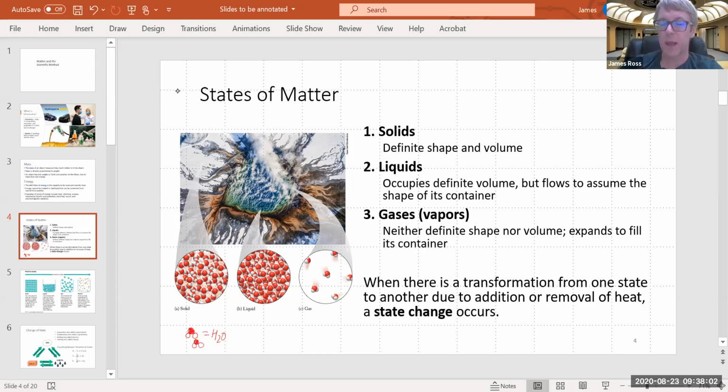Here I'm kind of using phase and state interchangeably, and I apologize for that. Again, sorry, if you had some water at room temperature, it would be in the liquid state. It would definitely be more like the central picture here.